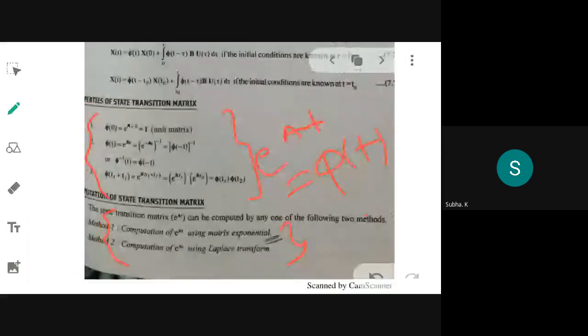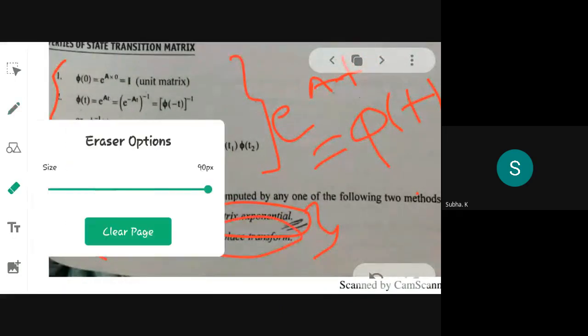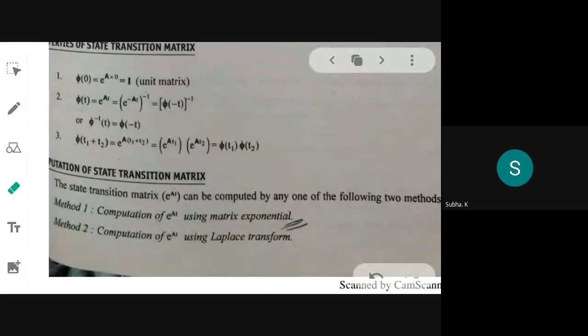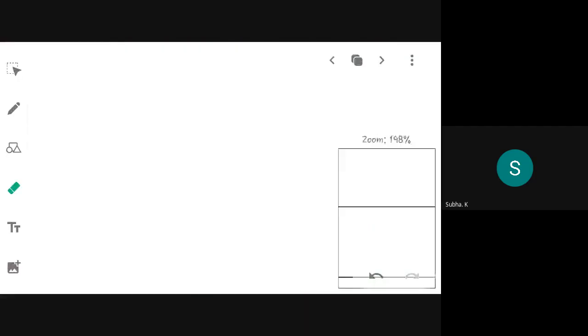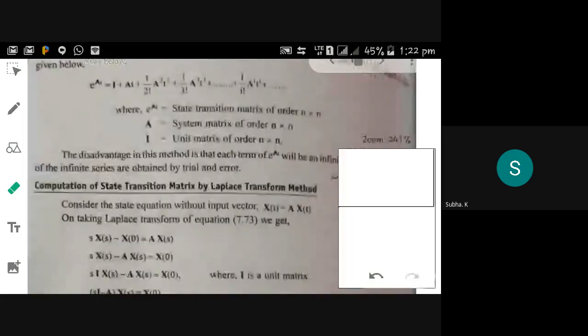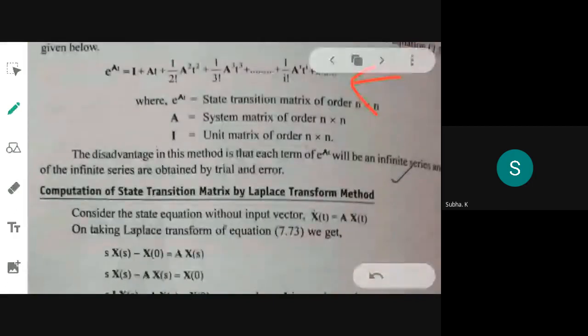So what are the two methods? The first method is the matrix exponential method. The second method is by using the Laplace transform. So the formula, make a note. This is the formula for e power At: I plus At plus 1 by 2 factorial A squared t squared plus 1 by 3 factorial A cubed t cubed, and it will go on.